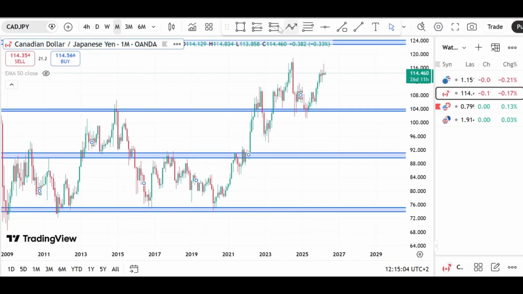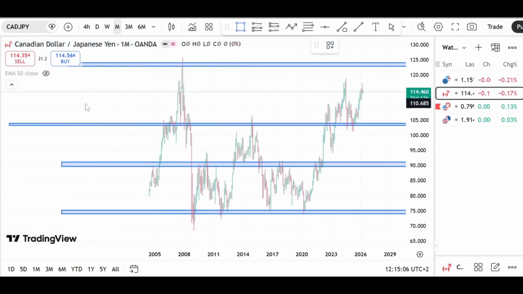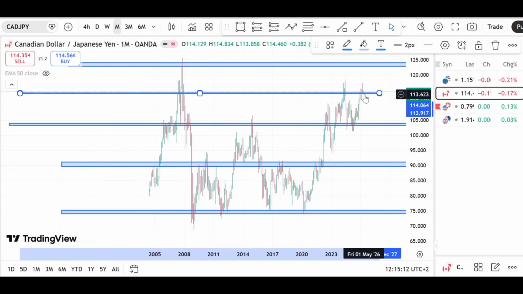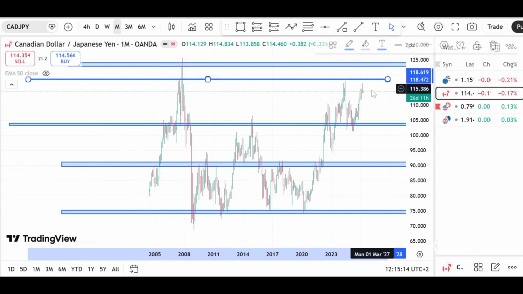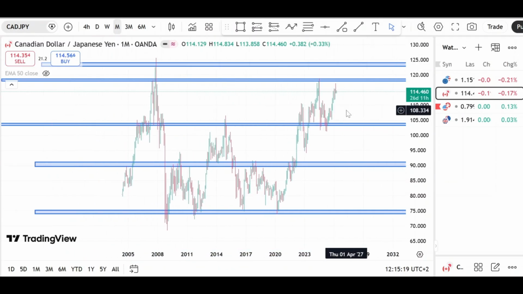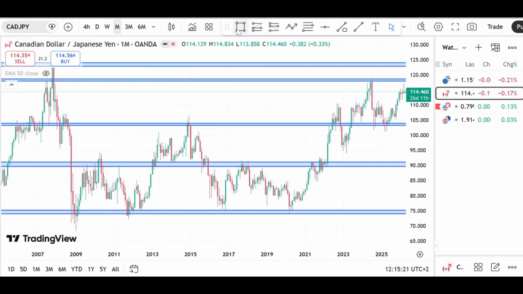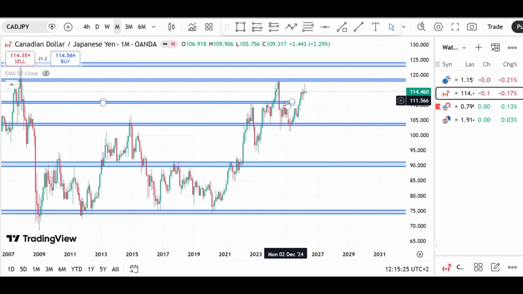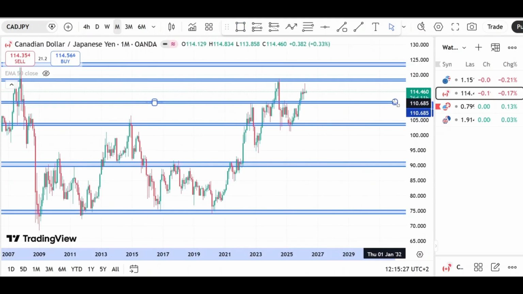Here there must be a monthly zone. This is monthly upper, and this is monthly lower.